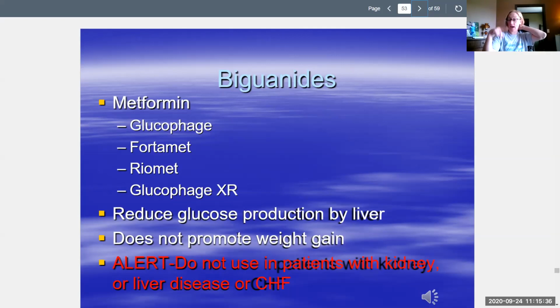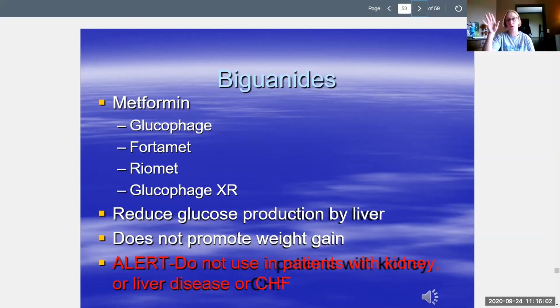But if they're having any scans with IV dye, like our heart cath or CT with contrast, they should hold their metformin for 48 hours after. If it's an emergent situation, of course, they can't really hold it before, but they might have to hold it before and after, but definitely at least 48 hours after they've received any of that IV dye.